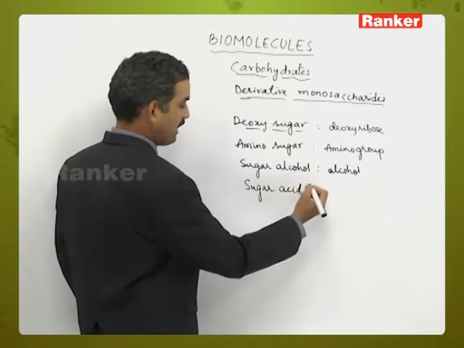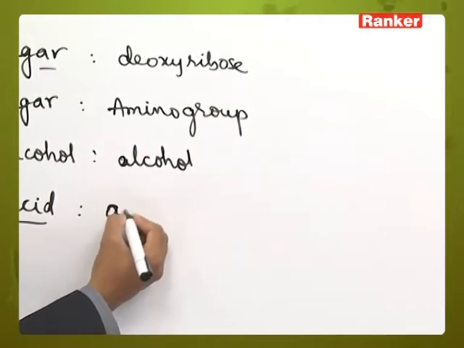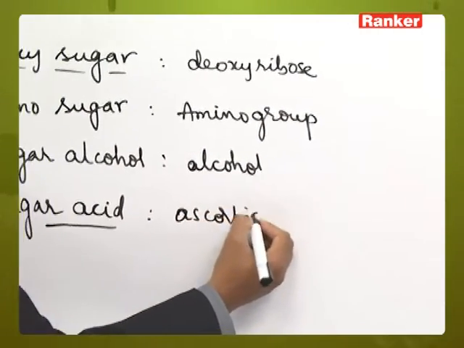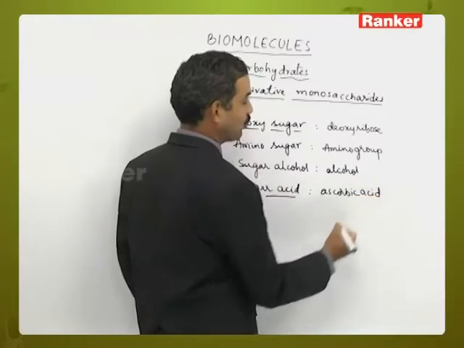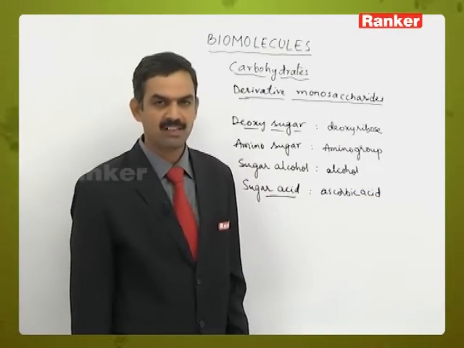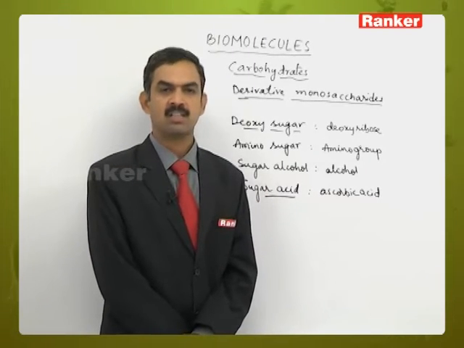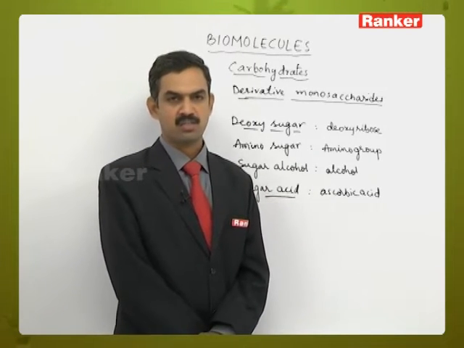Sugar acid is the one whose best examples are ascorbic acid and glucuronic acid. Likewise, many such examples have additional groups apart from the ketose or aldose functional groups of the monosaccharide.